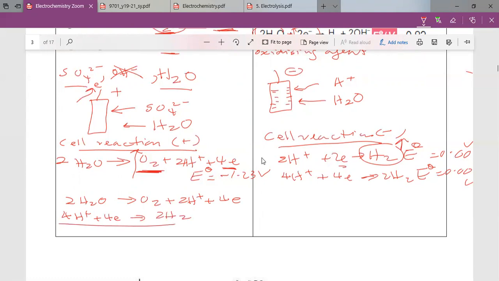So the overall equation for electrolysis is, of course, what? Remember, you bring this over here. So it's 2H2O plus your 4H+, you cancel the H+ here, goes to O2 plus your 2H2. That means the volume is 1:2, you know?